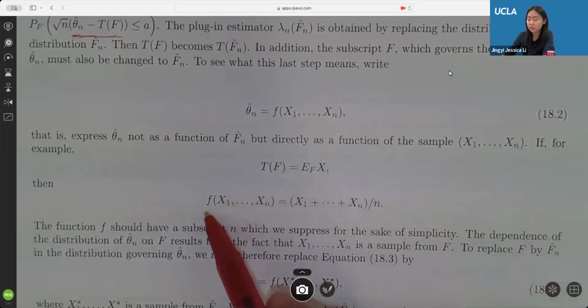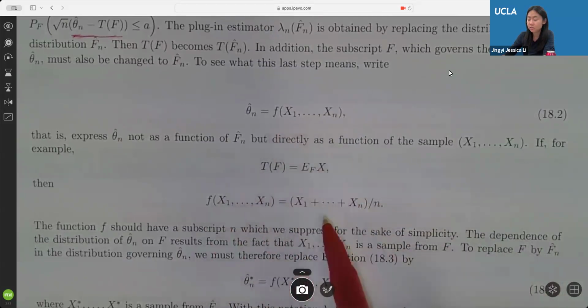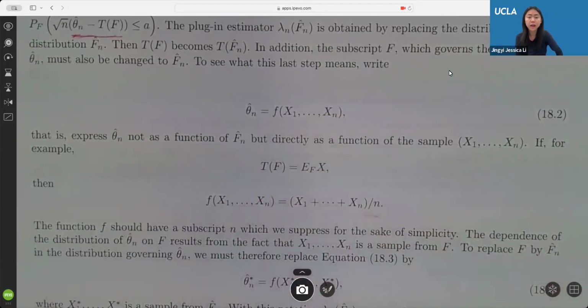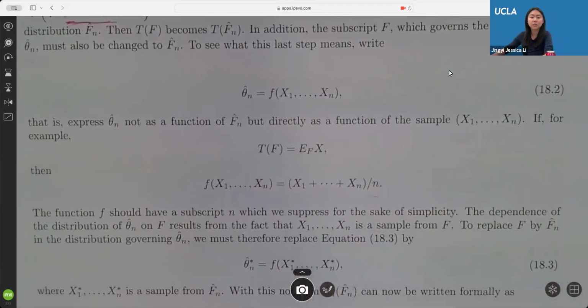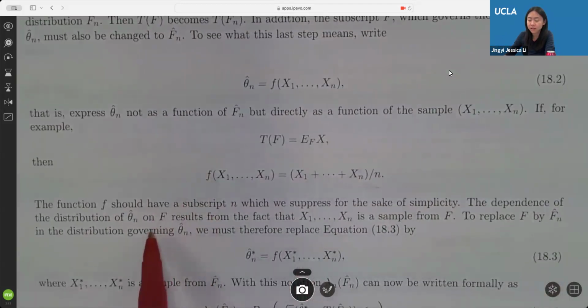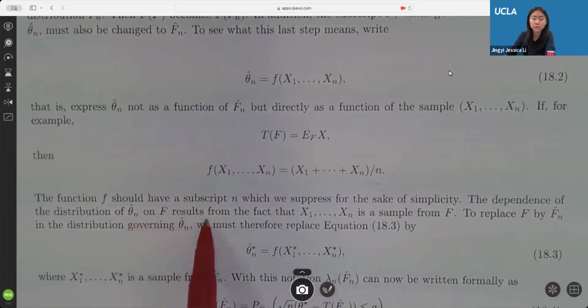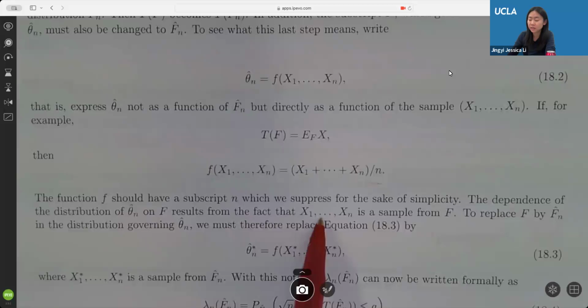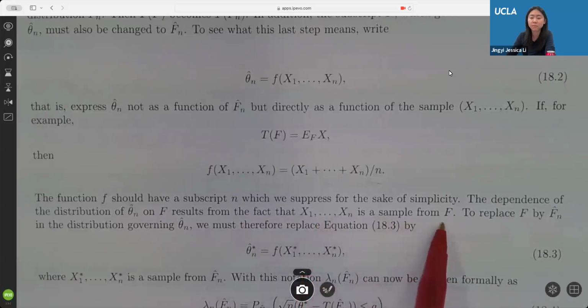Then this function f would just be the sample mean. The function f should have a subscript n, which we suppress for simplicity, but in fact the function depends on the sample size. And the dependence of the distribution of theta_n hat on F results from the fact that X1 to Xn is a sample from F.